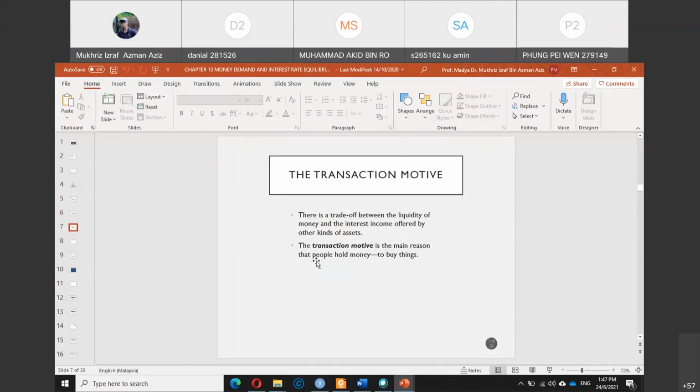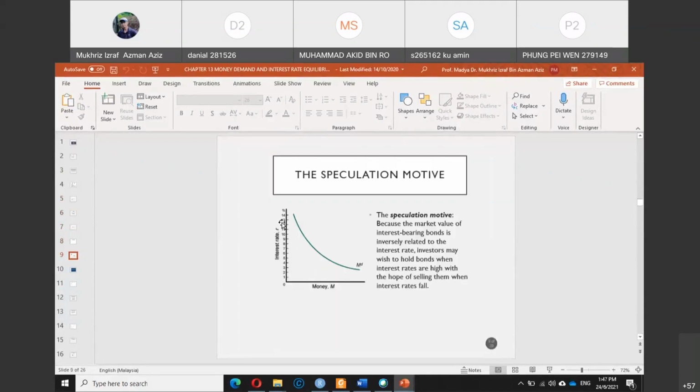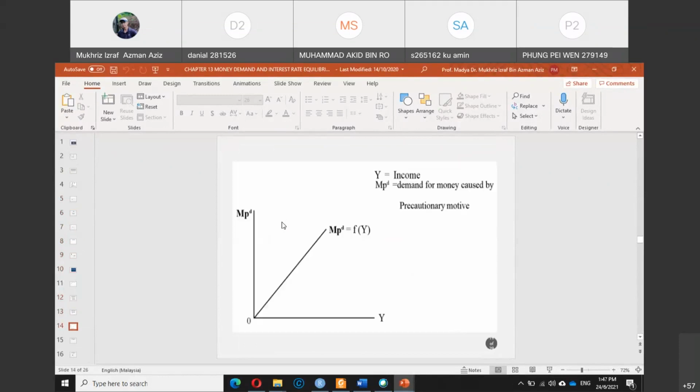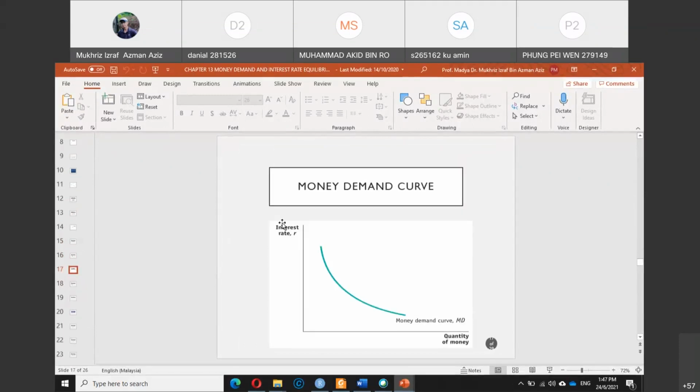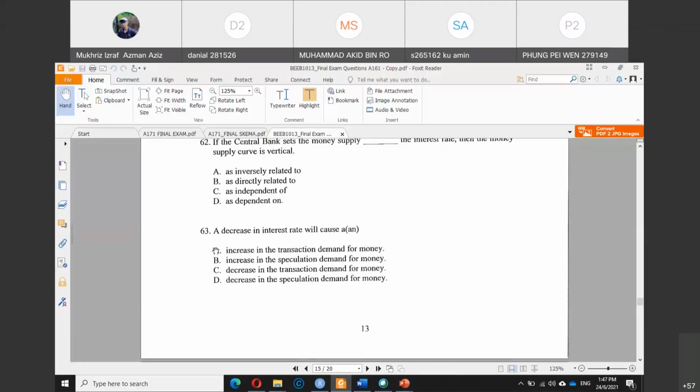It is divided into transaction, speculation, and also precautionary. So you only have two, transaction and speculation. A decrease in interest rate will cause what? A, B, C, or D.